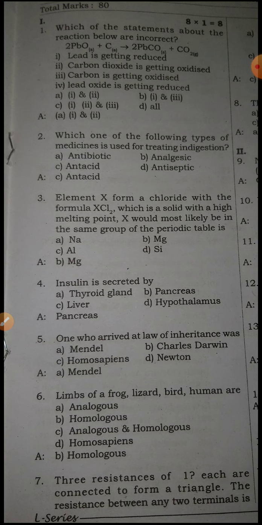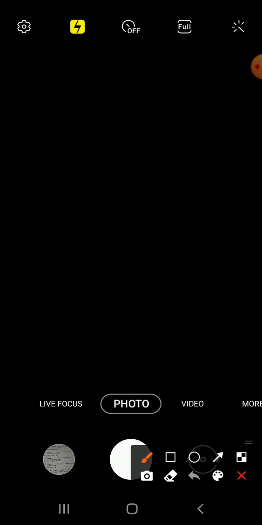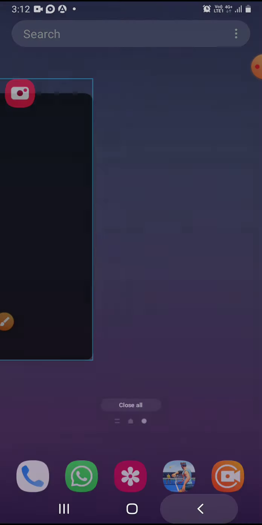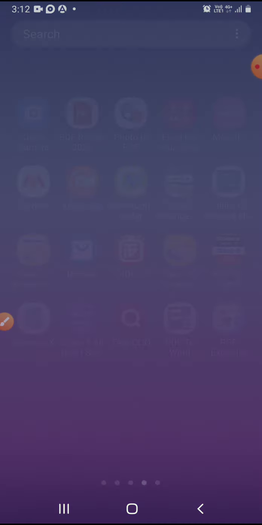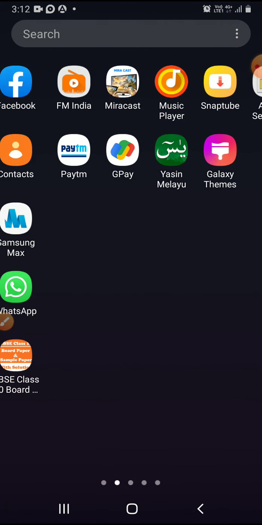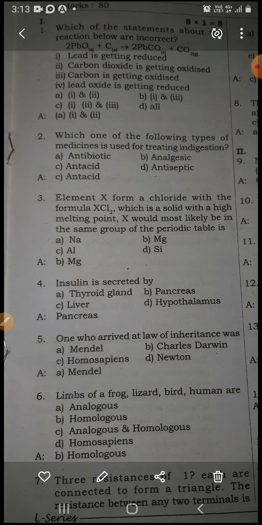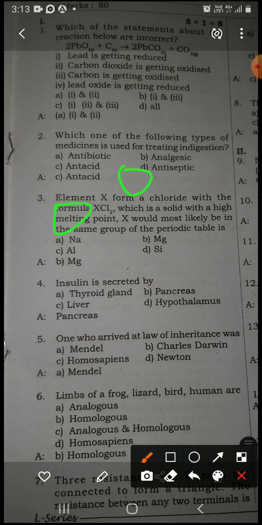One more interesting thing in this OMR sheet is, suppose there are four circles, in which one circle is shaded.